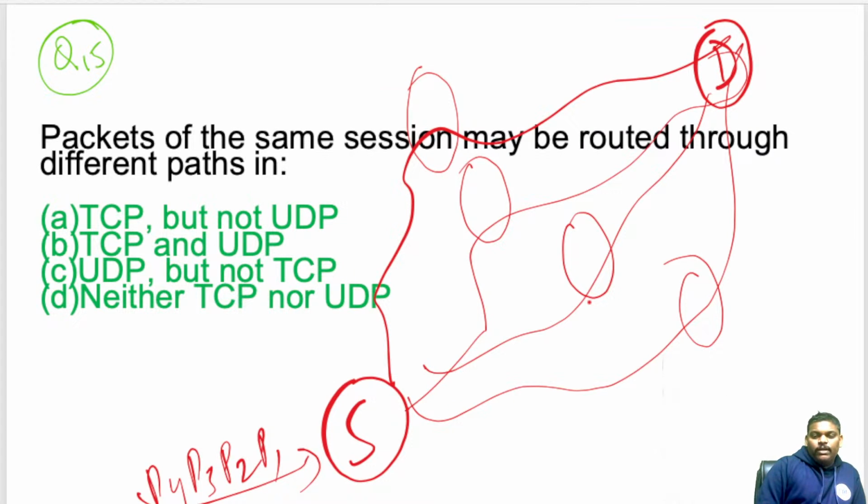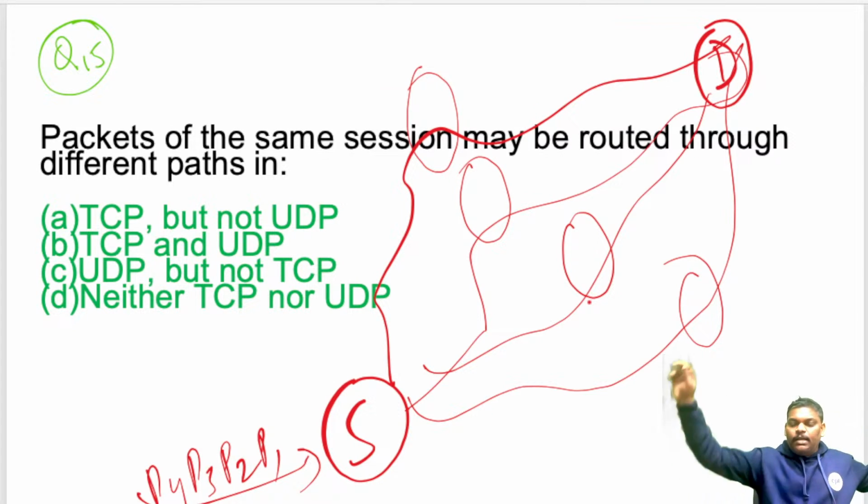This is the one which will trap. It is a trap. Can you help me now? Will all these packets go on different paths or the same path?